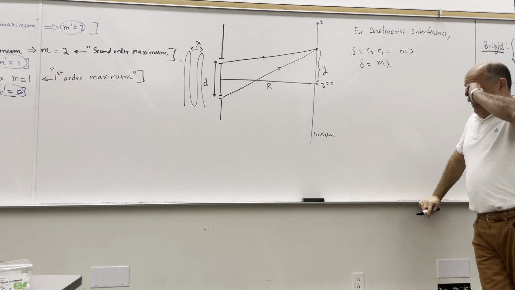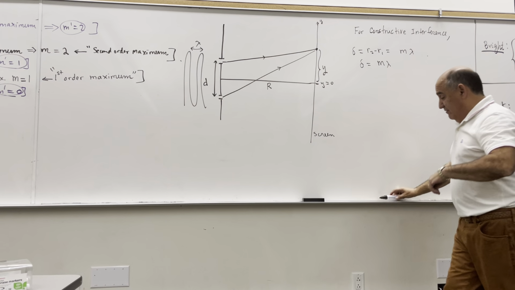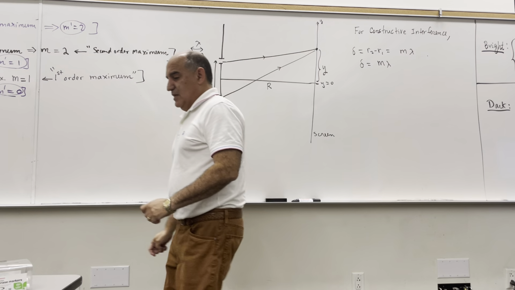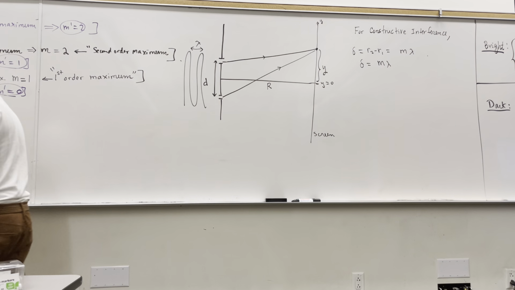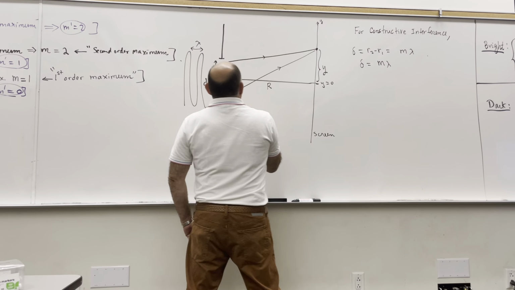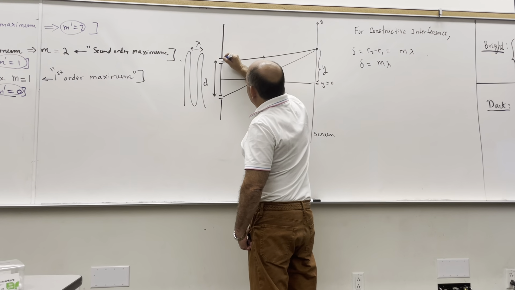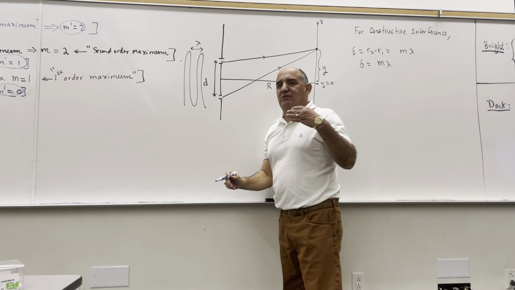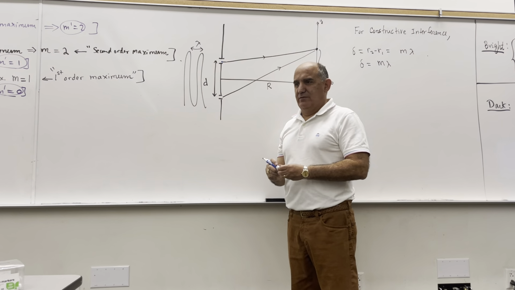Now, I'm going to say the following. I'm going to use an argument that usually the screen is far away from the two slits. The two slits are very close to one another, really, really close. So, what is the extra distance that one wave travels compared to the other one?